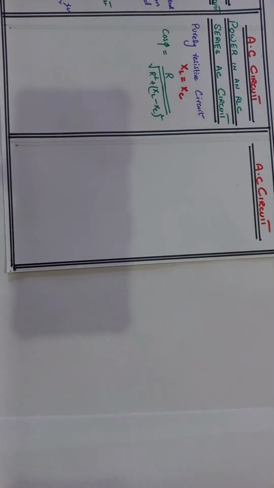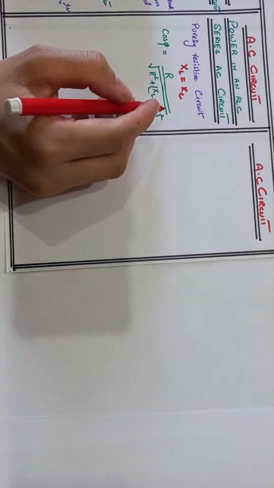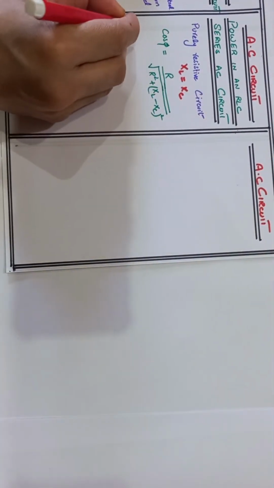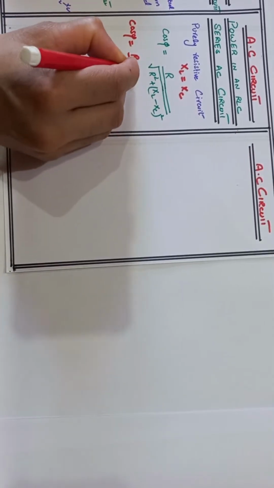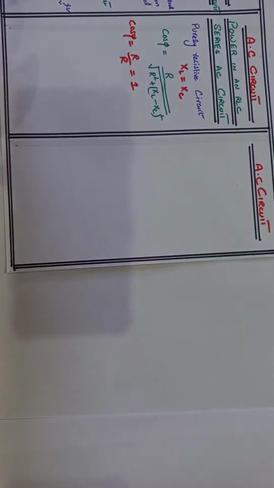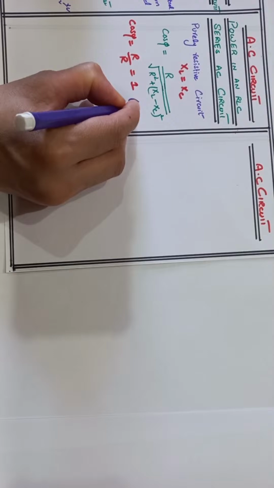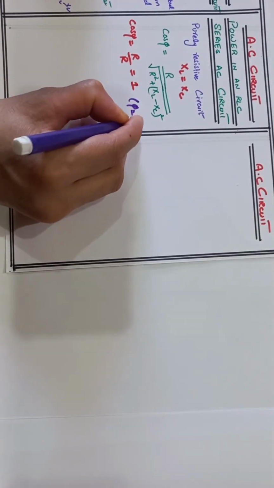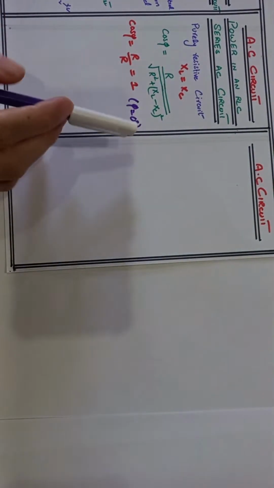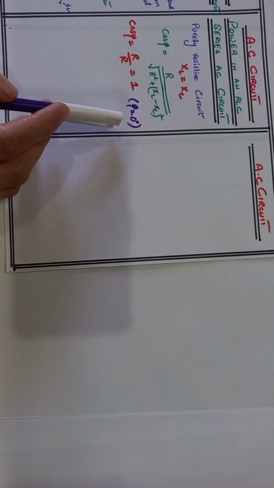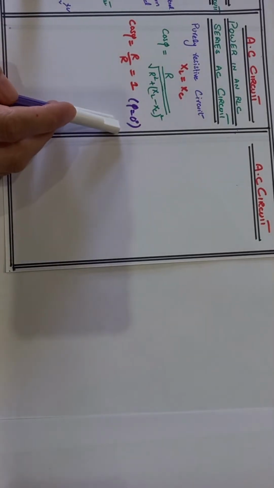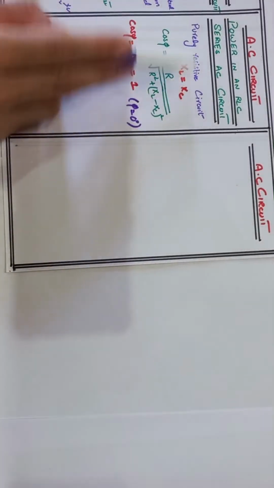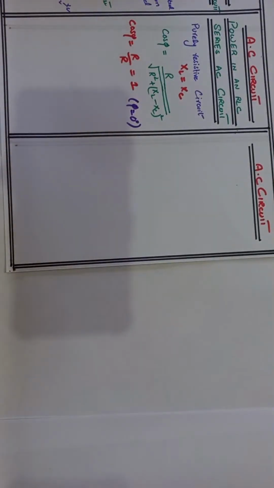When XL is equal to XC, cos phi is equal to R over R, that is 1. Cos phi is equal to 1 when the angle between them is 0 degree, that is, when the voltage and current are in phase. Such a circuit is called a purely resistive circuit.